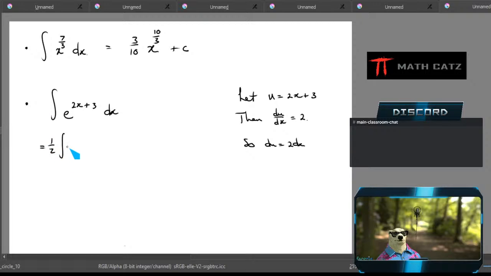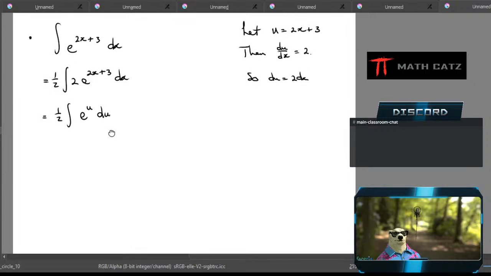So I'll balance it with a half, so I can bring in a 2 and not change anything. Now, when I rewrite this, what the method of substitution is allowing me to do is to do the chain rule in reverse without me thinking of the chain rule in reverse.